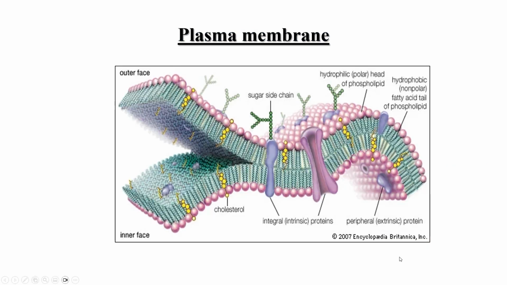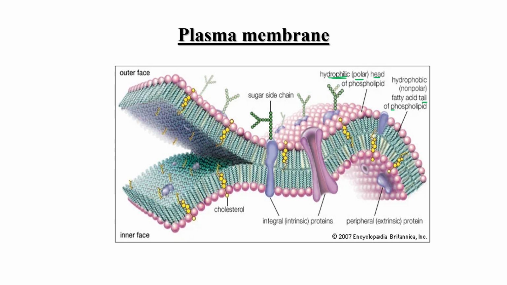Now here you can see the fluid mosaic model of the plasma membrane, which was given by Singer and Nicolson. As you can see, this lipid bilayer has fatty acid tail regions present inside the membrane and polar head regions on the outside of the membrane, which is known as the hydrophilic end.